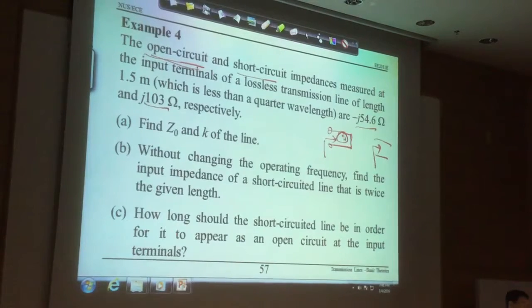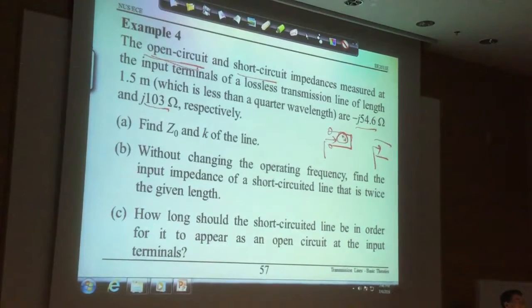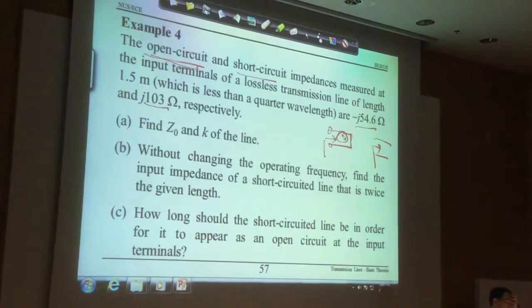For instance, currently we have no idea about the characteristic impedance of this transmission line. Then think about what approach you should use to find this out. You can take one section short circuit, right?